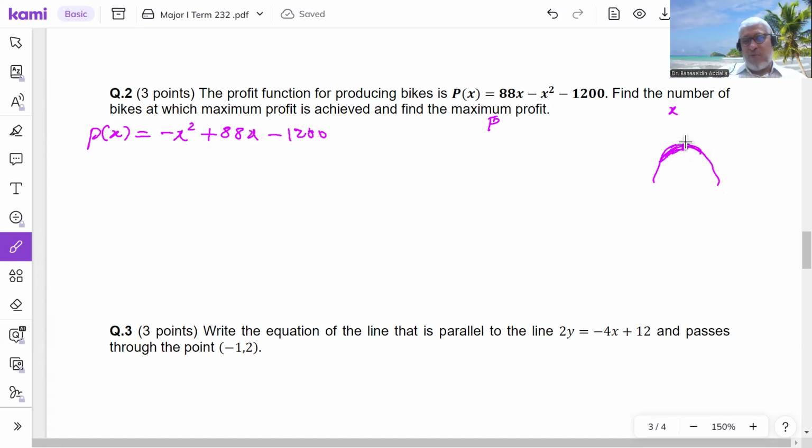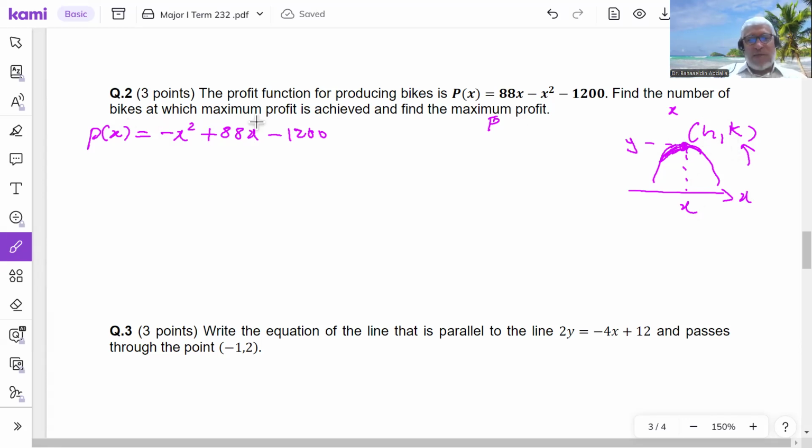It is the maximum point. So if we call it h and k, then h, or x, is the number of bikes at which maximum profit is achieved. The maximum profit would be k, okay? Because this is x here, and this is y. So x is h and y is k.